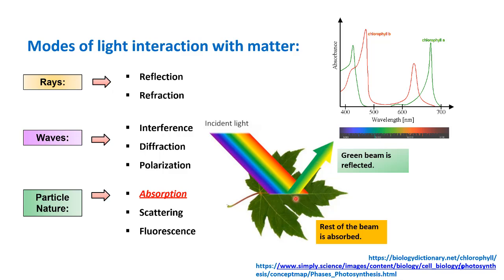So that's why we are able to see the green color of the leaf, because that is getting reflected, and our eye is perceiving that color. But it is not green actually. Why are we seeing it as green? Because we are seeing the reflected light coming from the leaf, because every other light is getting absorbed.